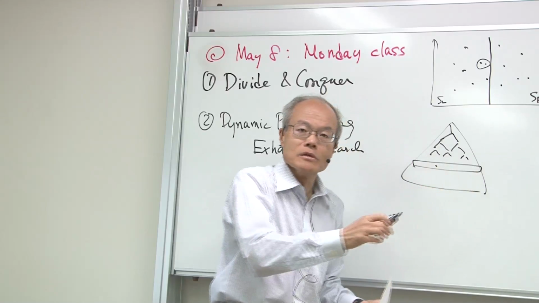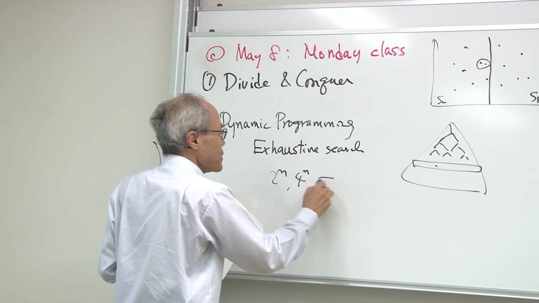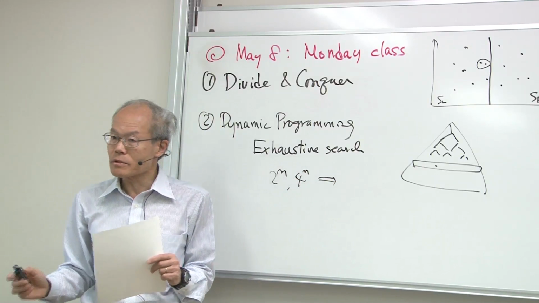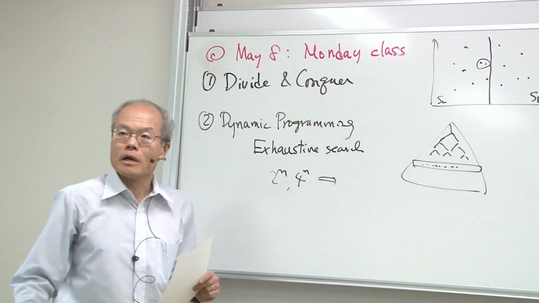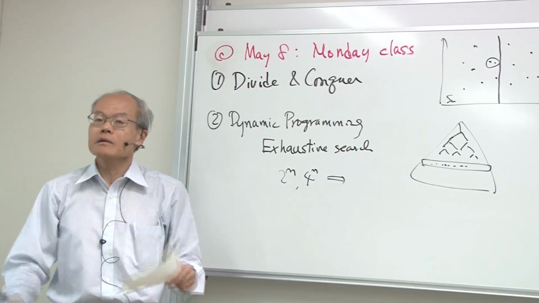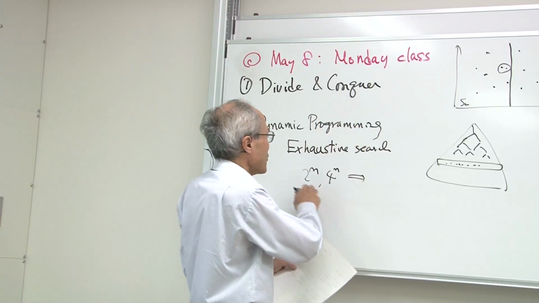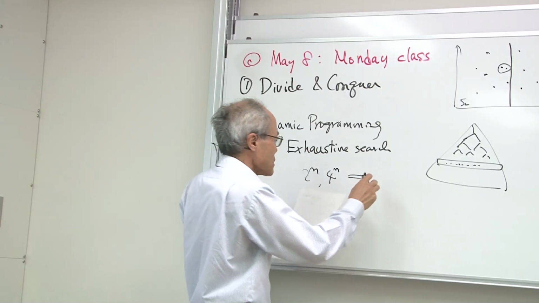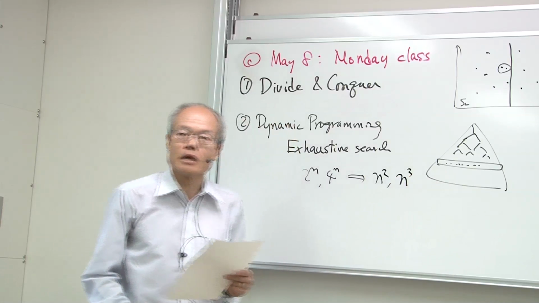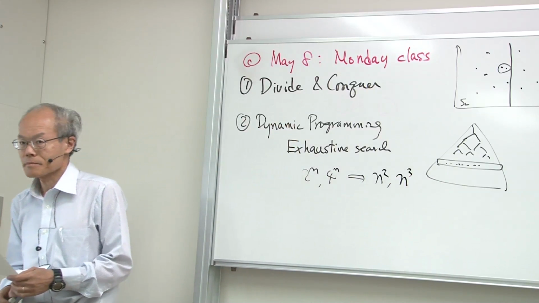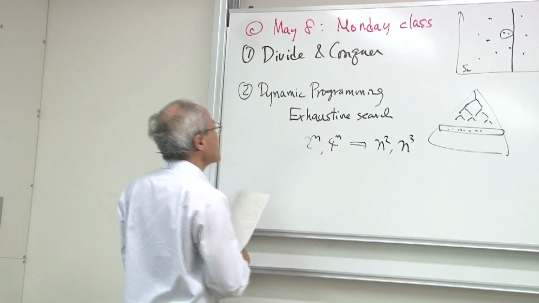So the size of this tree is something like 2 to the n, or even 4 to the n. But if you take a close look, you notice there are many same nodes. So you combine those same nodes into one, then the complexity gets down from this exponential number to just something like n squared or n cubed. A great improvement. This is DP, and it is also a very great technique.